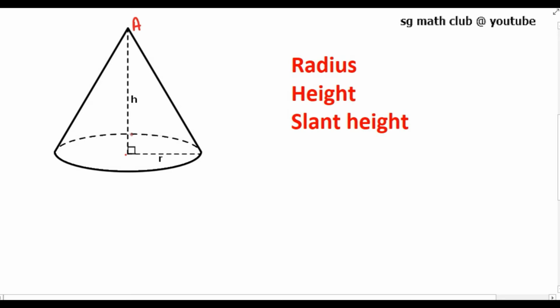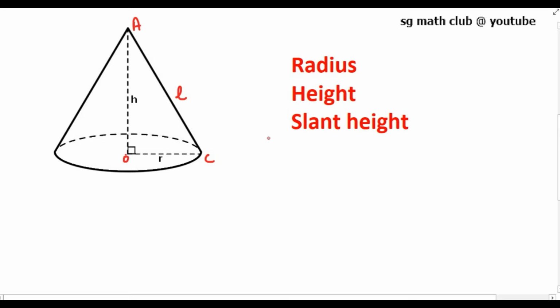This also has one more part, that is slant height. This line AC we call the slant height, and it is usually denoted by small letter l. So these are the three main things in the cone: radius, height and slant height. Now we can see the triangle AOC forms a right angle triangle, so we can use the Pythagoras relation to find the relation between radius, height and slant height.